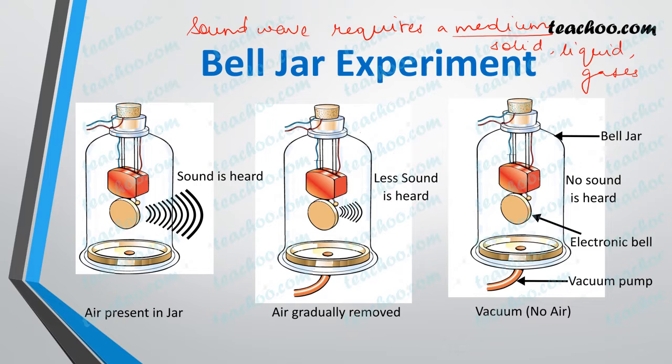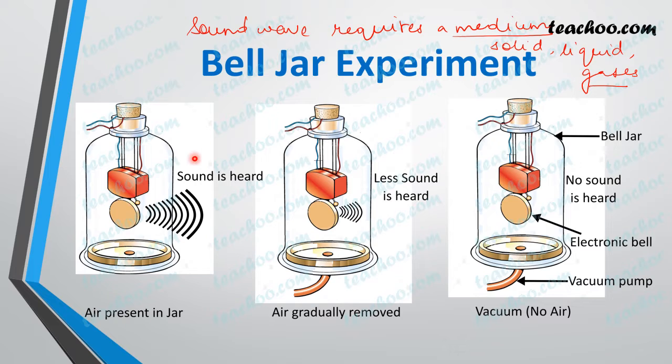If you recall the previous image which I had shown you all, the loudspeaker or the radio was just kept at a particular distance or near a person's shoulder, but the other person who was far away also could hear the sound. That means the sound wave could travel through the medium, and the medium in that case was gases, that is air. Okay, but it does not happen in all the mediums. There are certain mediums, that is the vacuum, that do not let the sound wave travel through them.